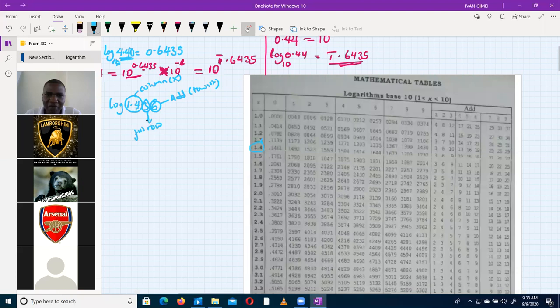We get this from the first row. So where is 3? 3 is here. Now I look for the point of coincidence where 1.4 and 3 coincide. I move down, and also horizontally.